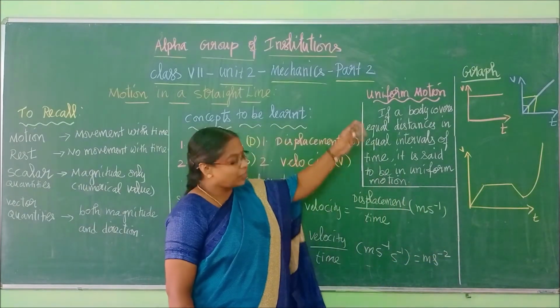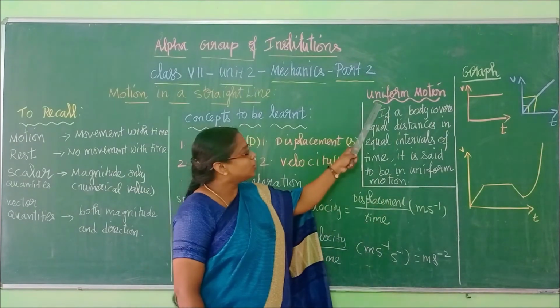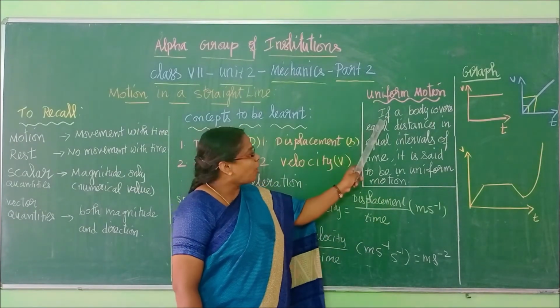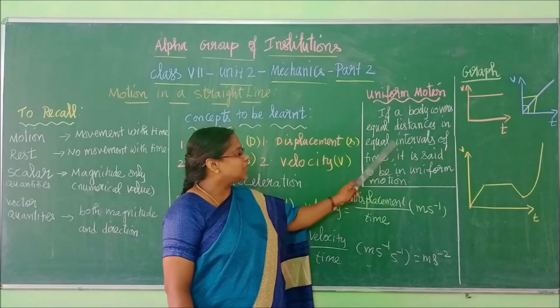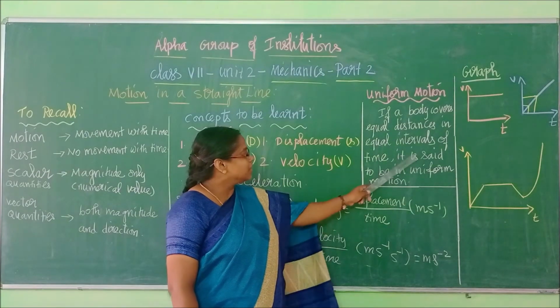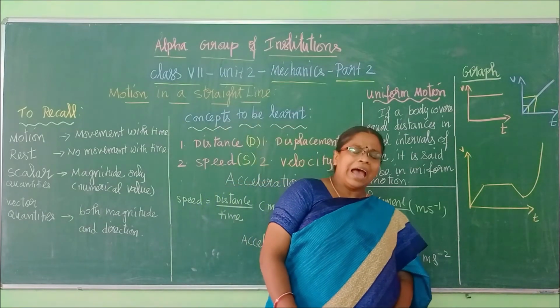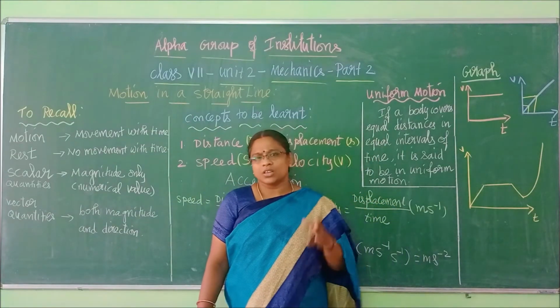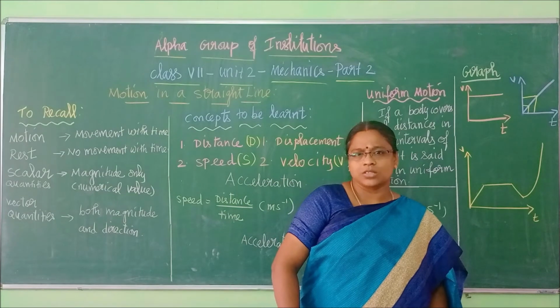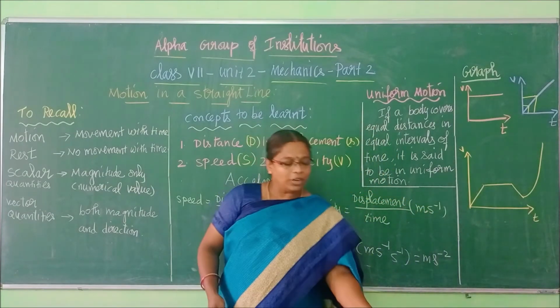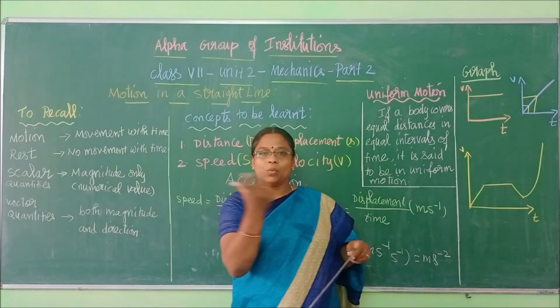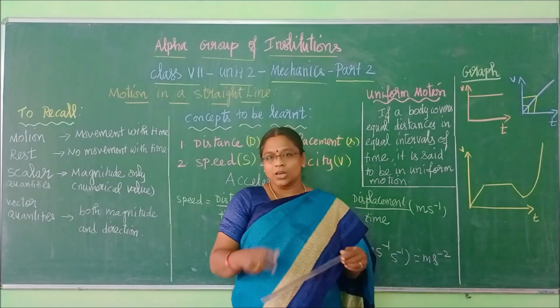Now we have the definition called uniform motion. What is uniform motion? If a body covers equal distances in equal intervals of time, it is said to be in uniform motion. Right. Have you seen pendulum clocks in olden days? In the center of the pendulum clock there is a bell-like structure.